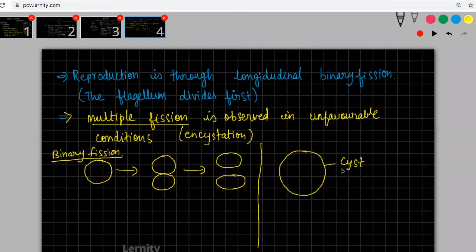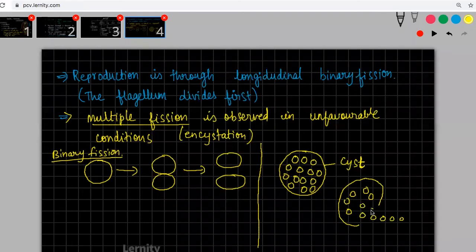Yeah, like plasmodium. In 10th standard, you would have studied about that. That is how the cyst is formed. So inside this, the euglenoids will start to divide. Multiple copies will be formed, and then it will wait for the favorable condition to come back. Once the favorable condition comes back, this cyst will break open and the euglenoids will get out.